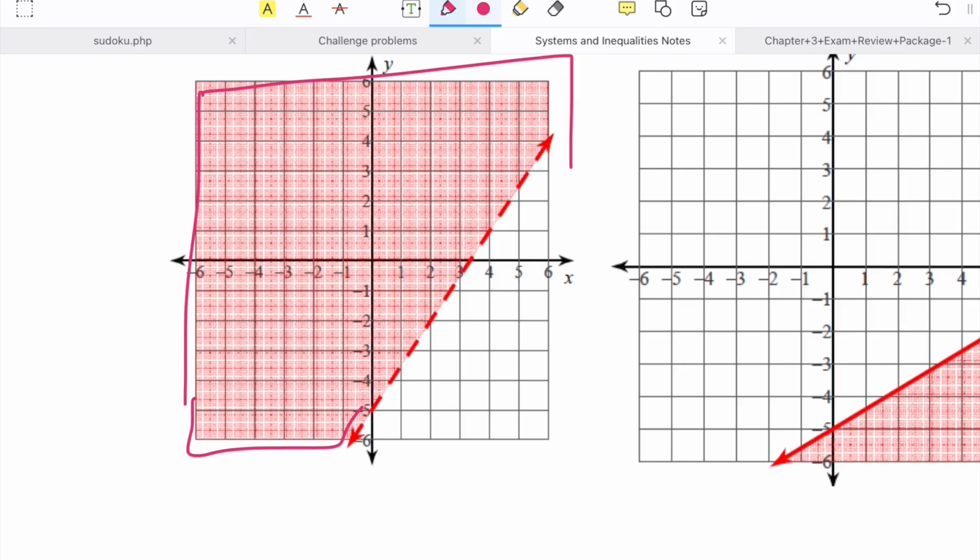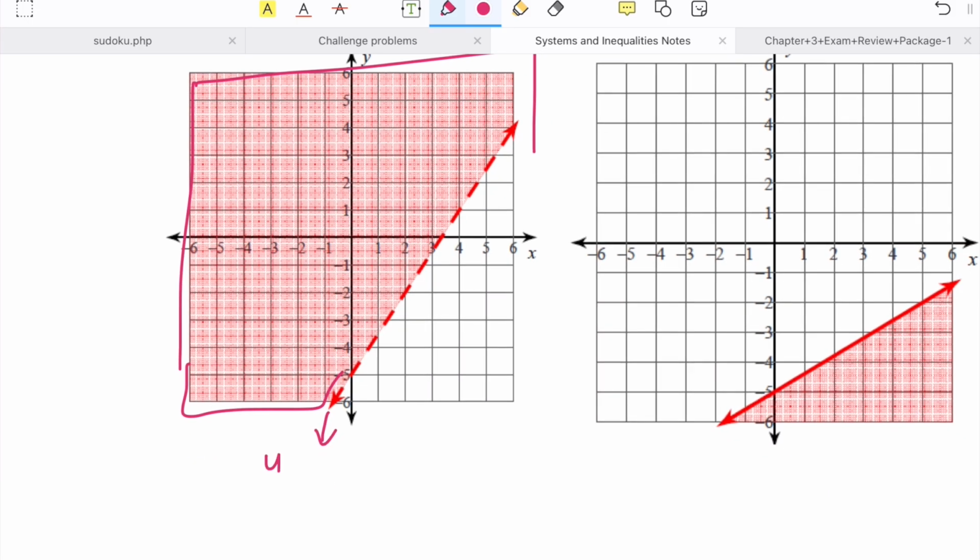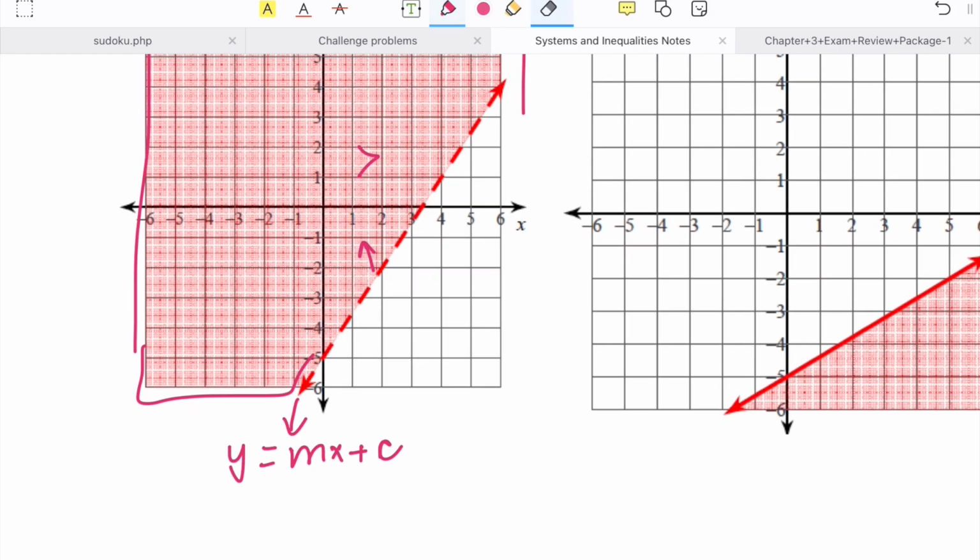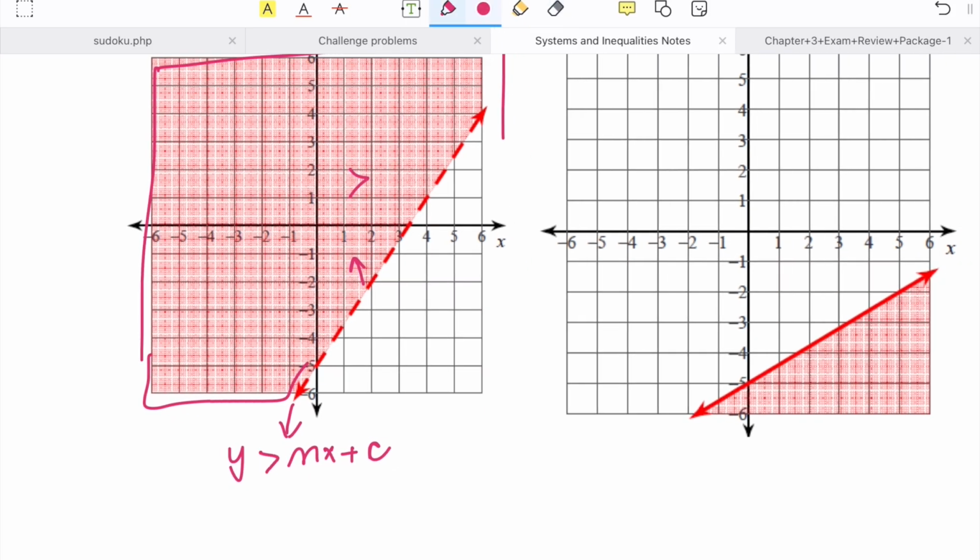Now the first thing that we need to do is figure out our equation of the line. So this line over here in y is equal to mx plus c form. Now will y be greater than or will it be less than in this case? Greater than, because the shaded region is above the line, so it's greater than, and it's dotted, so it'll just be greater than, and you won't have any equal to.